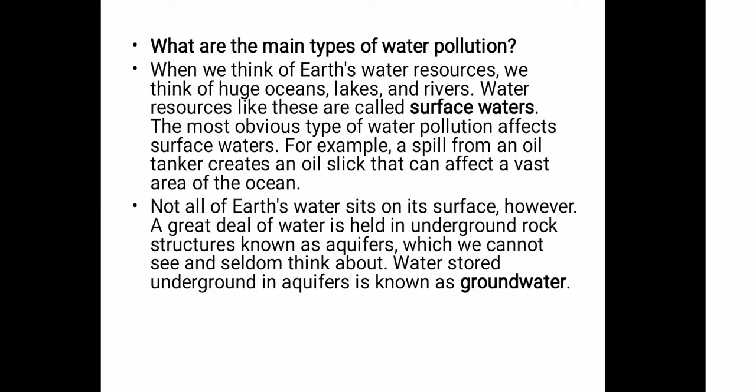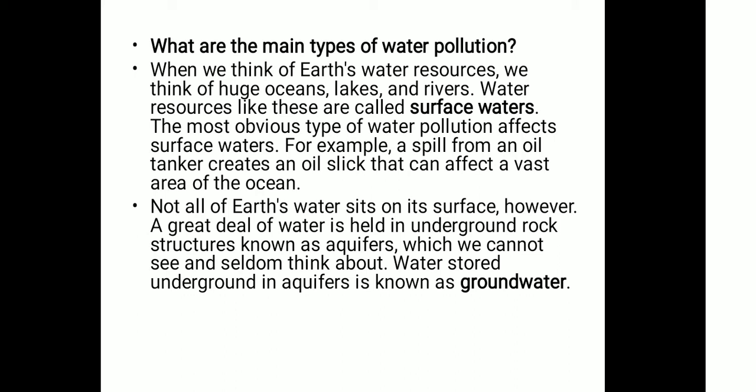All are called surface waters. The most obvious type of water pollution affects surface waters. For example, a spill from an oil tanker creates an oil slick that can affect a vast area of the ocean. So this is how the most obvious type of water pollution affects surface water. Surface water can easily get polluted.